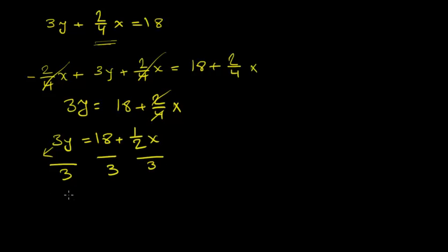So we'll have y equals 6 plus, we multiply 3 means 3 over 1, so we multiply these two together, the farthest together and the nearest together, and we'll have 1 times 1 is 1, and 2 times 3 is 6, 1 over 6x.